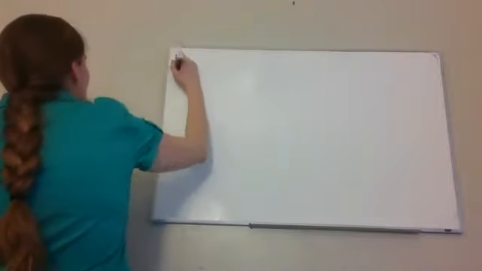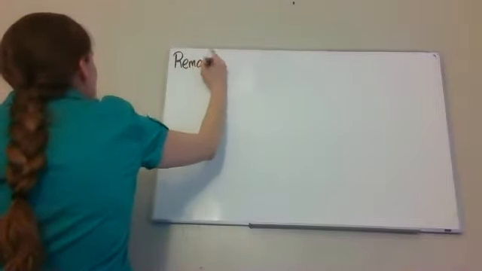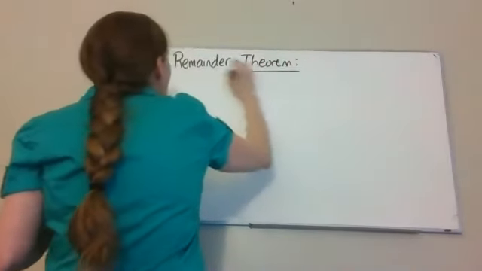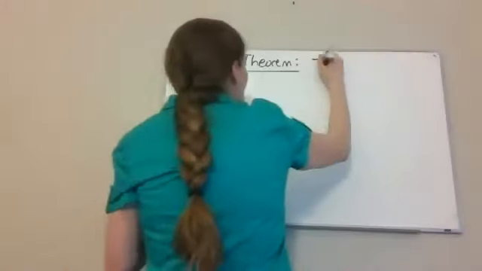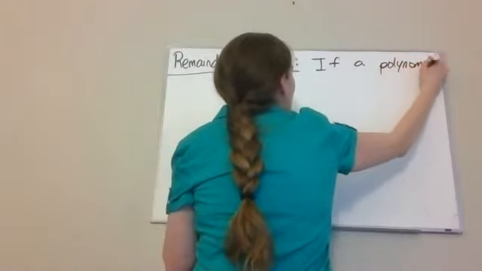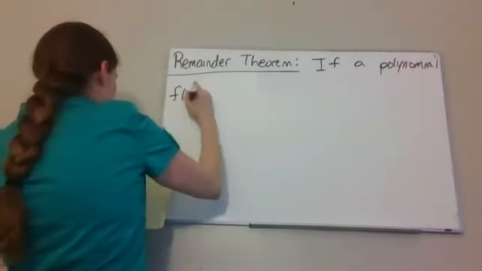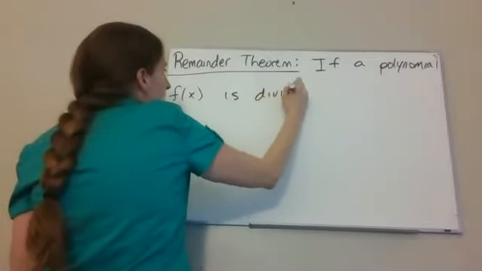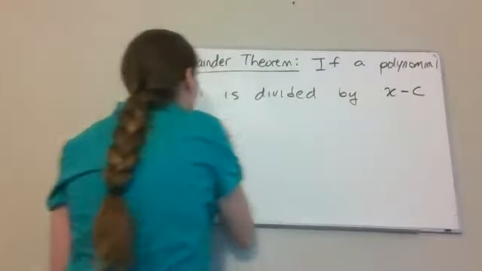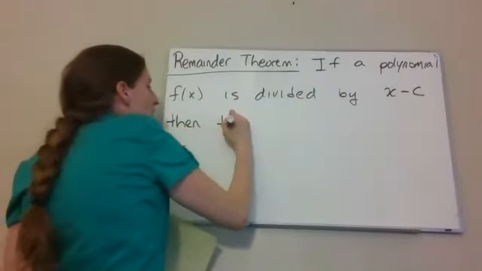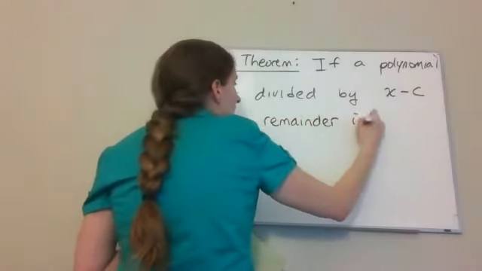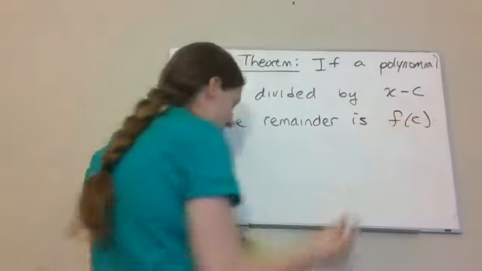The remainder theorem just says that if a polynomial f of x is divided by x minus c, then the remainder is f of c.